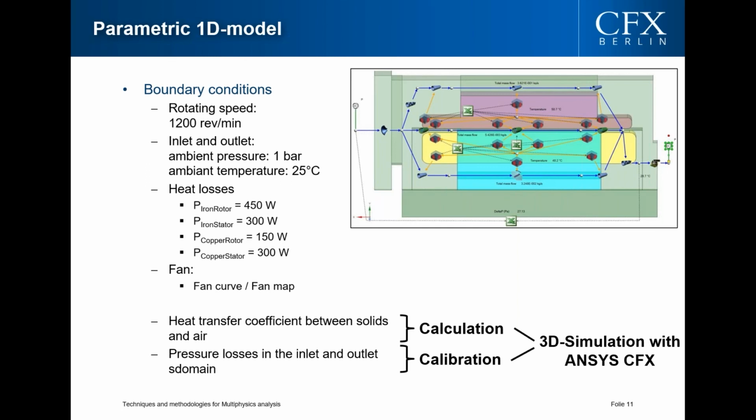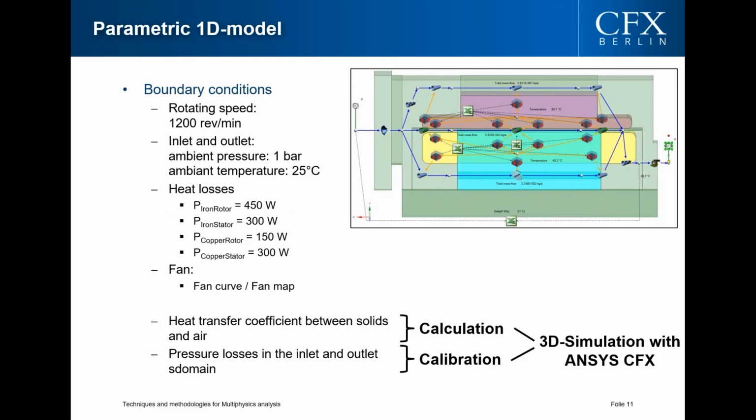If you don't have anything, then maybe you have to do a 3D simulation with ANSYS CFX, for example, or with ANSYS Fluent, or with something else. In this example, we've done it with ANSYS CFX. For one operating point, we did a simulation so that we can get the heat transfer coefficient.